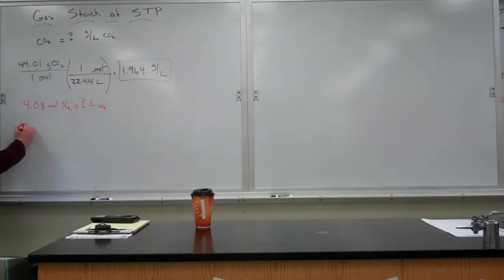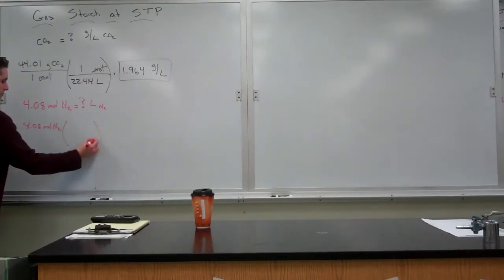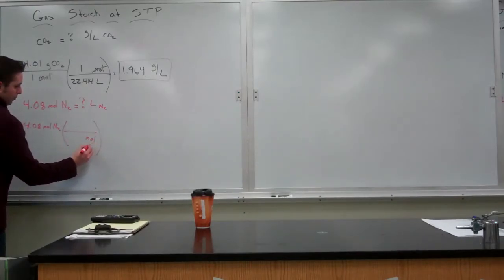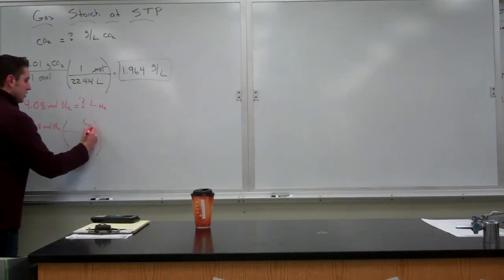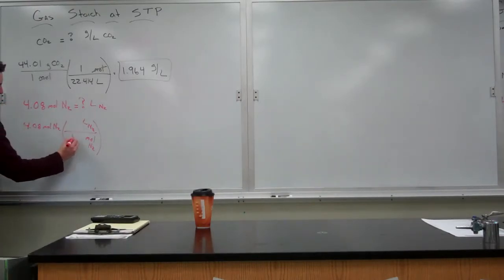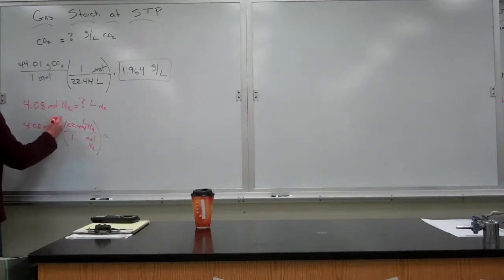From here, start with what you're given, 4.08 mole N2. On the bottom of the first bracket, I will put mole. On top, I'm going to try to get to liters, so I would put liters there. Do I know a relationship between moles and liters? So long as we are at STP, yes I do. 1 mole is 22.414 liters.